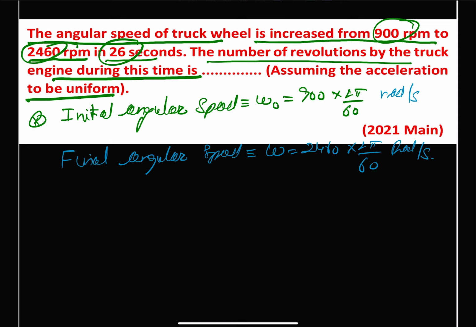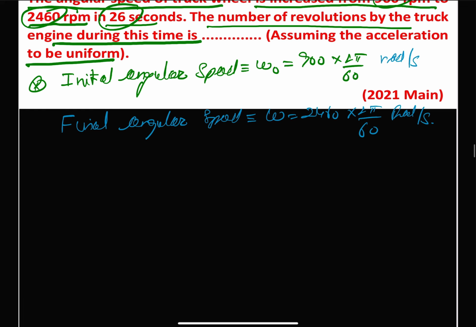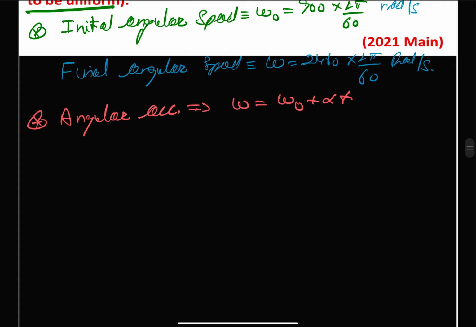And we can find out our angular acceleration. We can use omega is equal to omega naught plus alpha multiplied by t.